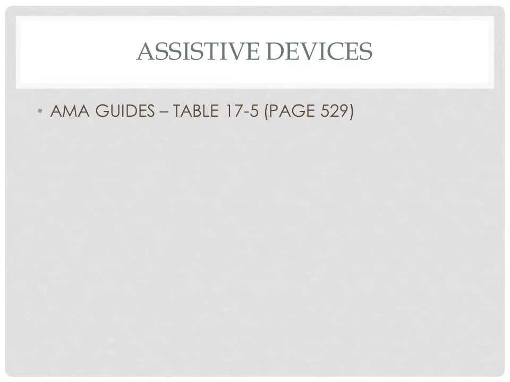Now, those aren't the only possible objective findings of pathology, but those are the ones described in Table 17.5. I believe other findings of pathology would qualify, such as post-surgical implantation of metal hardware with resulting scars and loss of joint range of motion. In my opinion, that would also qualify as an objective finding, but that's not found in the descriptions in Table 17.5.